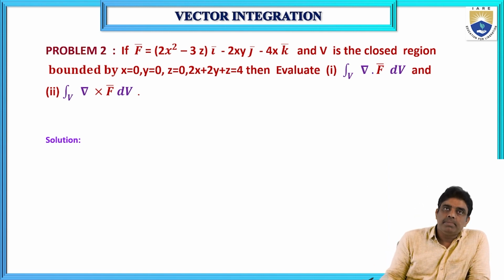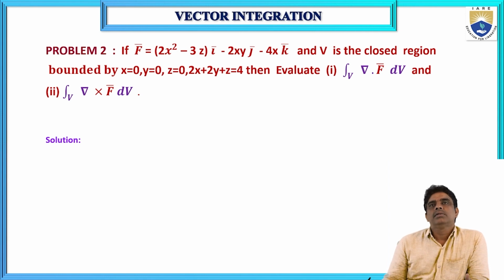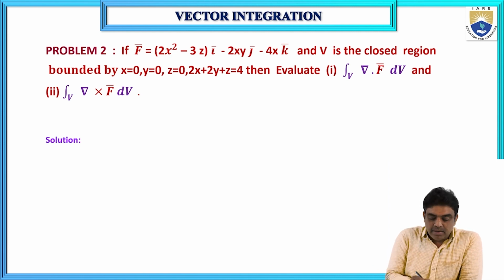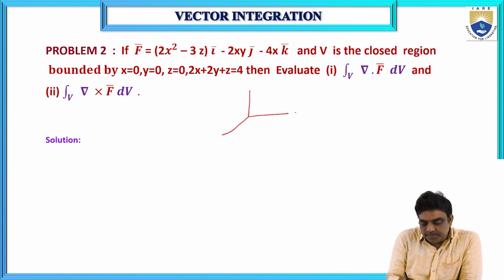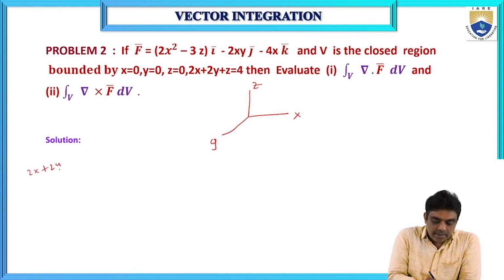So see this problem. Given f bar equals 2x square minus 3z i bar minus 2xy j bar minus 4x k bar, and V is the closed region bounded by the coordinate planes x, y, z axis, and the plane 2x plus 2y plus z is equal to 4.